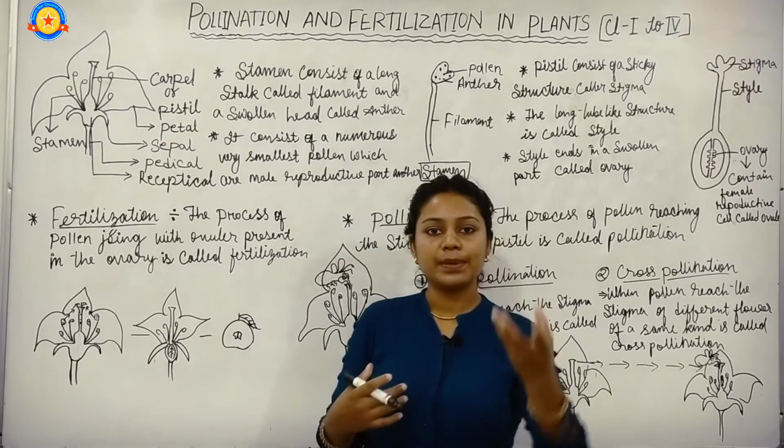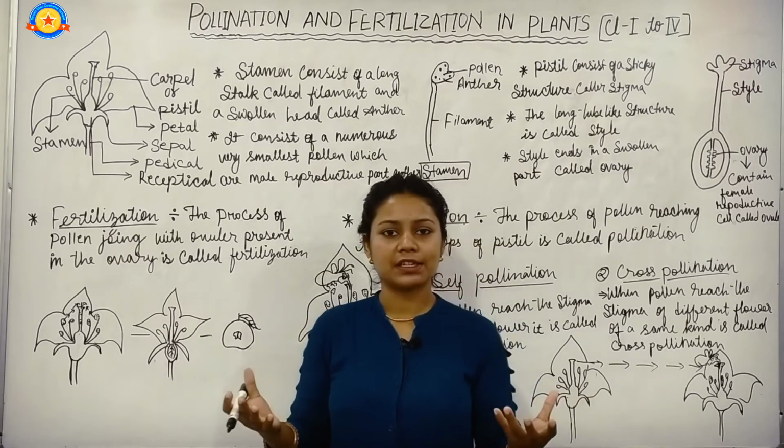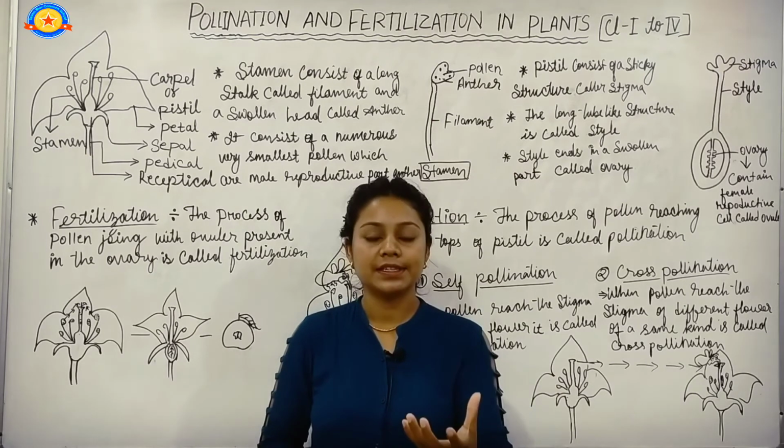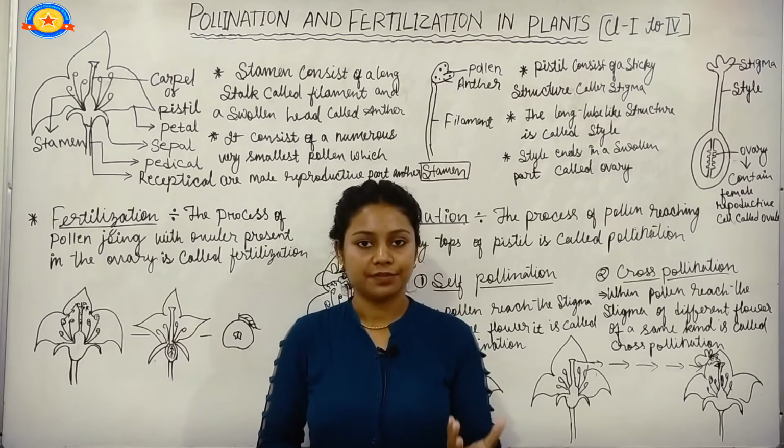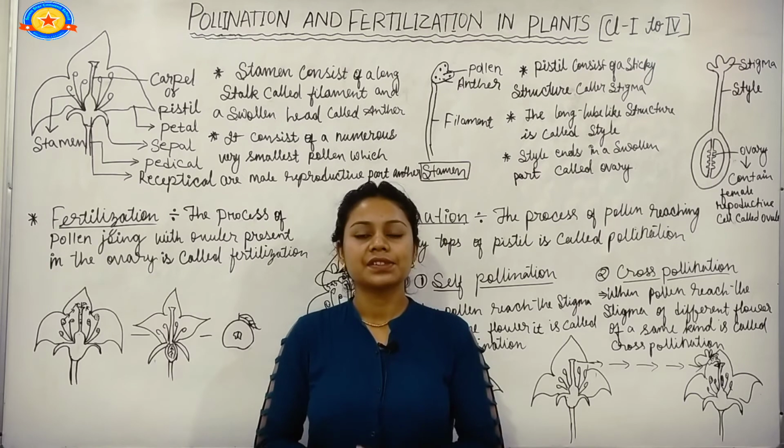There are various agents for pollination, like bees, birds, butterflies and beetles.